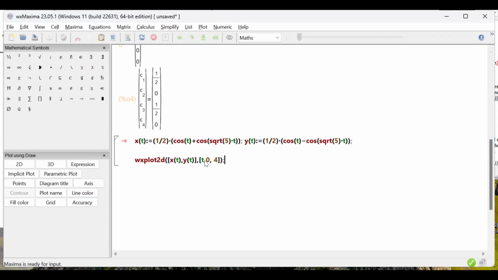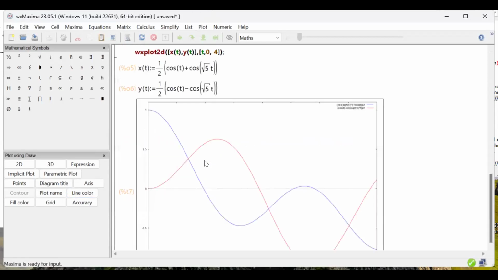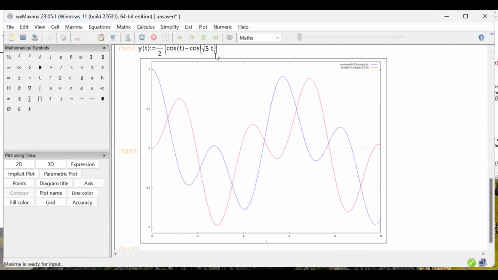Let's see how that looks in our plot. You can go out a little bit further and see how the two look over time, to get a sense of how they're interacting and reconnecting with each other. I hope that was helpful, and I will see you in the next video.